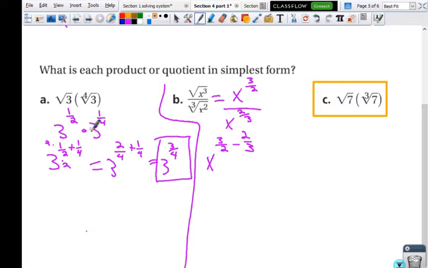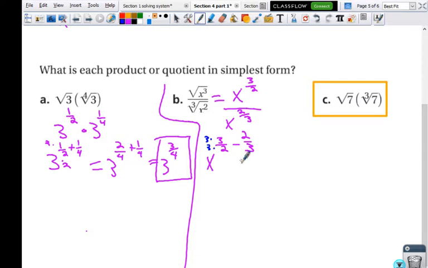Raven, do I have common denominators? No. I've got a 2 and I've got a 3. What number should I make both of these be so that they're the same? 6, right? Alright, Jeremiah, what do I have to multiply the first one by to get 6 in my denominator? 3. So we're going to multiply by 3.